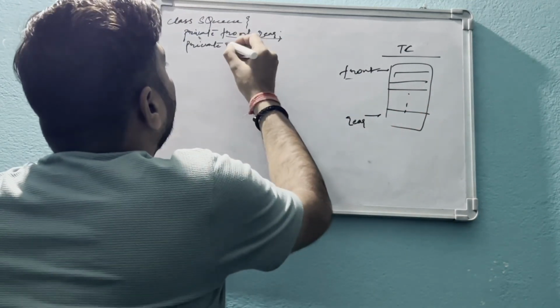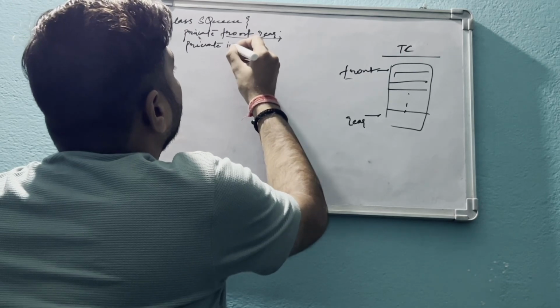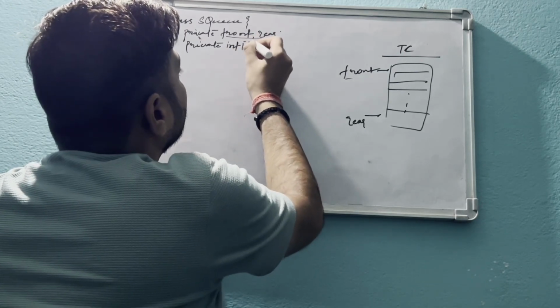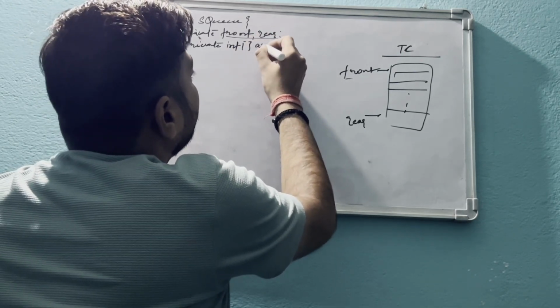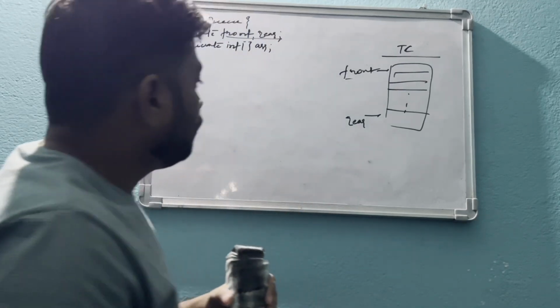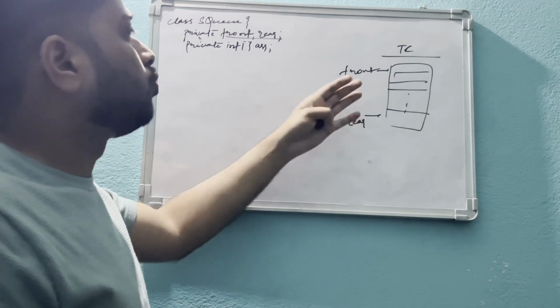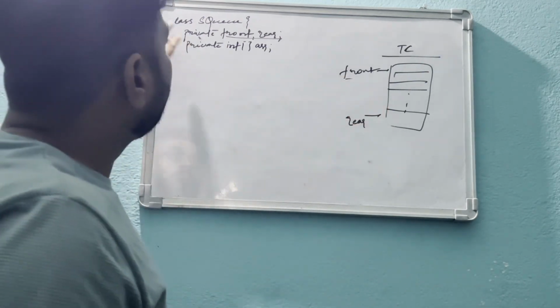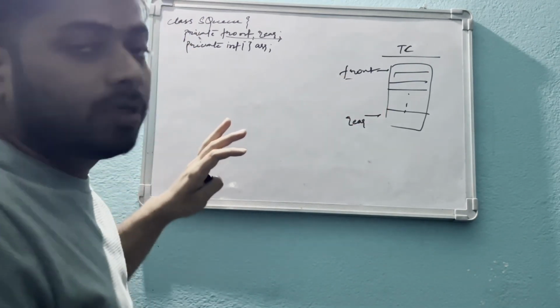So our array will be a private int array, and this is it. Now we need to assign some initial values to it. The data members, this many, are enough for a queue.